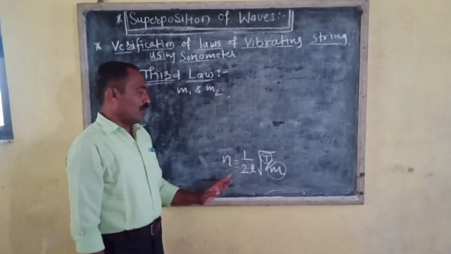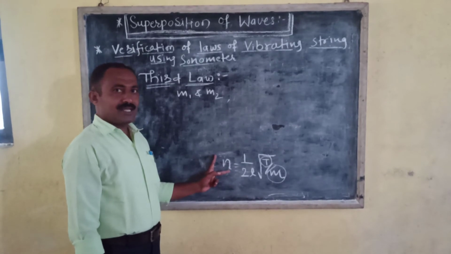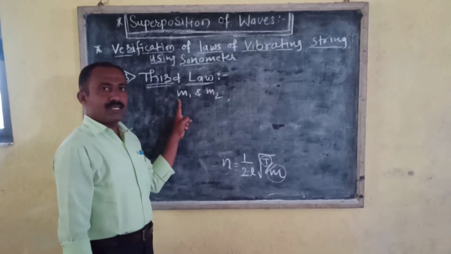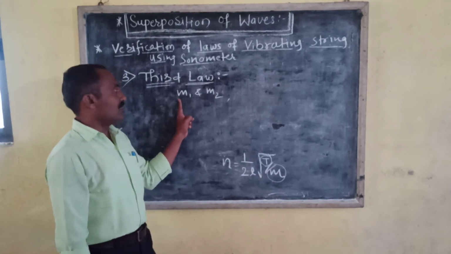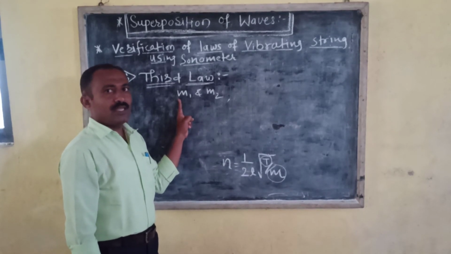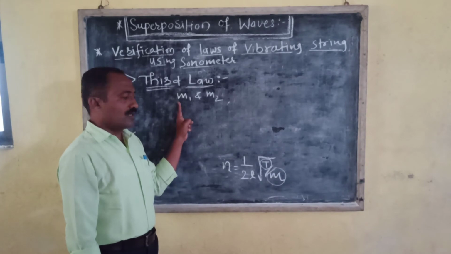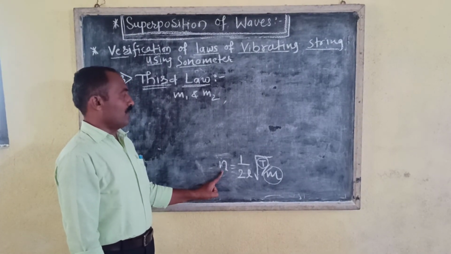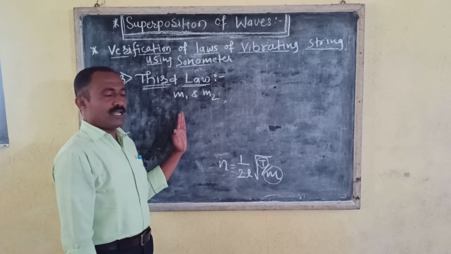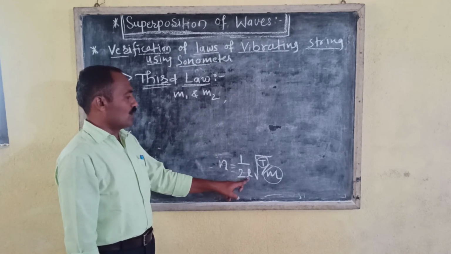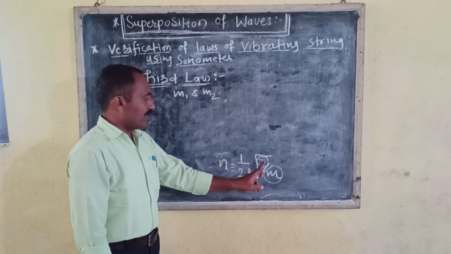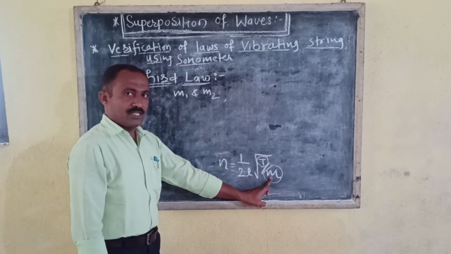A tuning fork of known frequency N is taken and the first wire having linear density M1 is set into vibration in unison with the tuning fork, and the vibrating length L1 is noted.